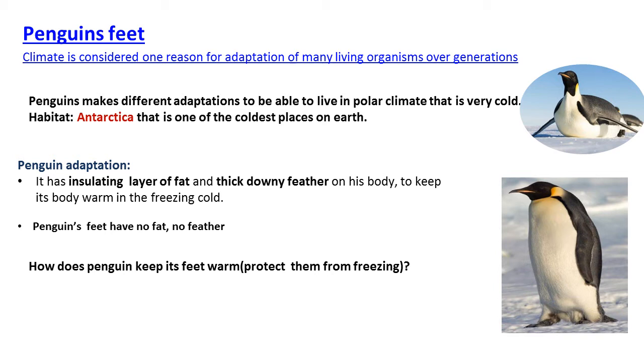And also because it's a bird, it has feathers, and these feathers are thick and downy to keep its body warm in freezing cold. But what about the penguin's feet? Is there any feathers or any fat layer? No. Penguin's feet have no fat, no feathers. So how does the penguin keep its feet warm or protect them from freezing?